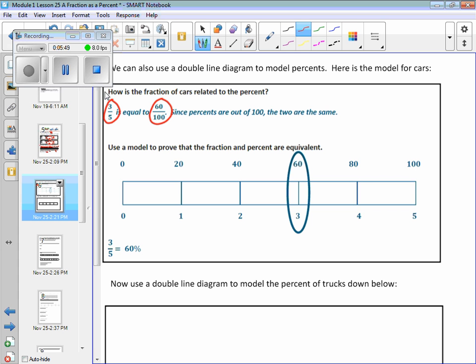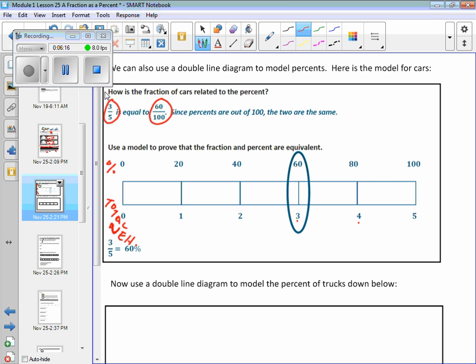So if it's total vehicles, these are representing 1 vehicle, 2 vehicles, 3 vehicles, 4, and 5. So this is representing total vehicles. They don't put that label here, but I want you to add that. The top is representing our percent. I'm going to show you something here that I kind of disagree with.